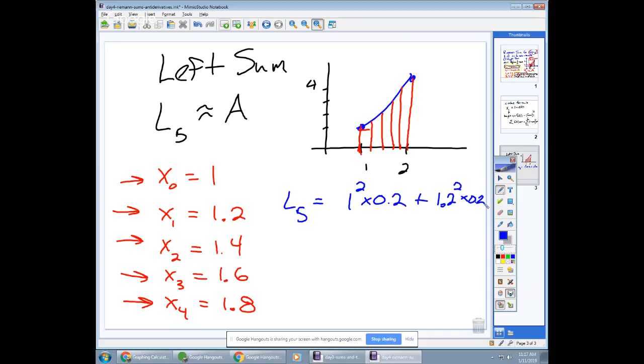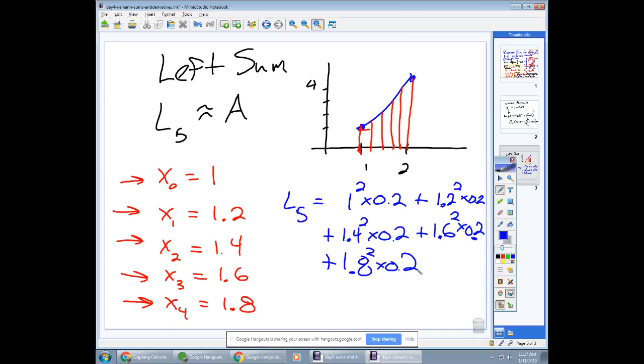Just like before, I just have a slightly different number to plug in each time. And then we just keep going. 1.4 squared times 0.2, 1.6 squared times 0.2, and finally 1.8 squared times 0.2.